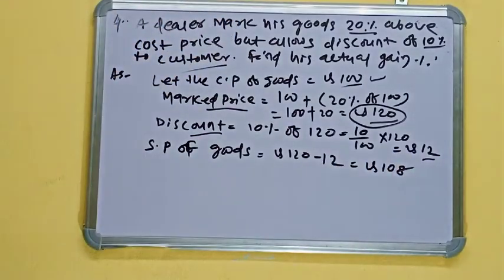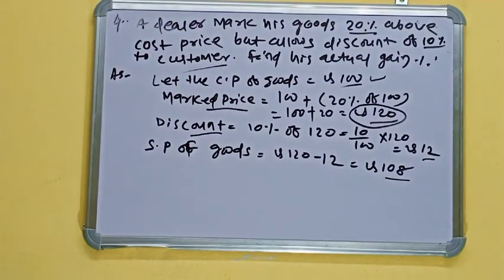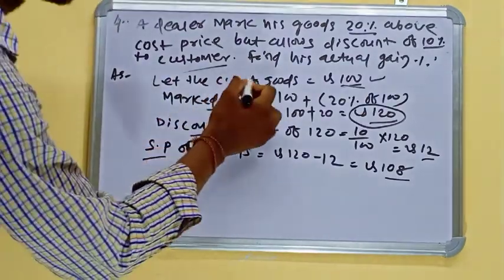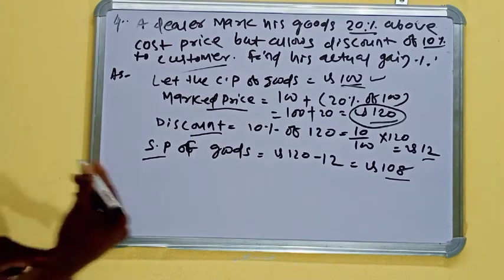The SP of goods is 108 and the CP of goods is 100. Here SP is more than the CP, so it is a result of a profit.